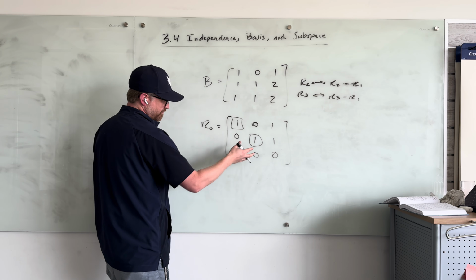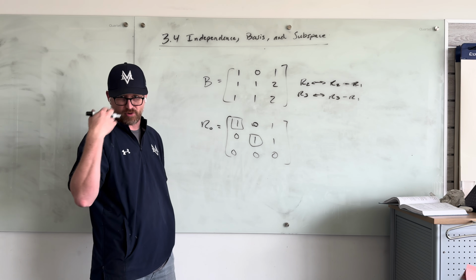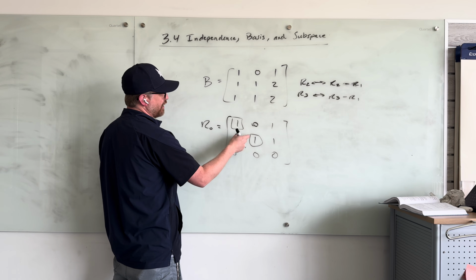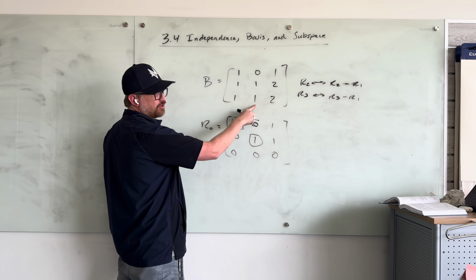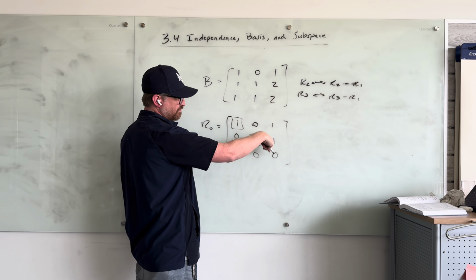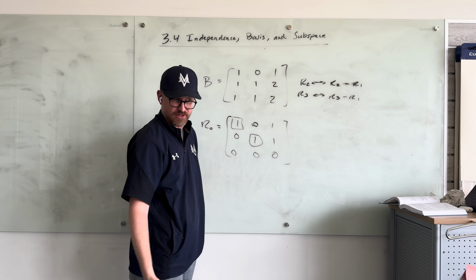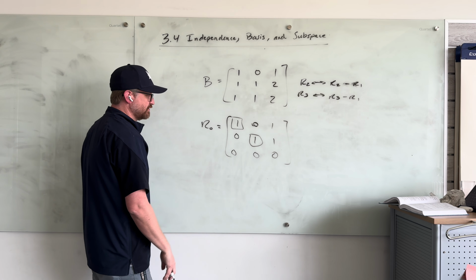So what we've discovered based off of our prior work when talking about null space and things like that is that the first two columns of B are linearly independent, but the third is not. This verifies that if I add the first two columns together, it gives me this one. We see that combination already, but just for practice.